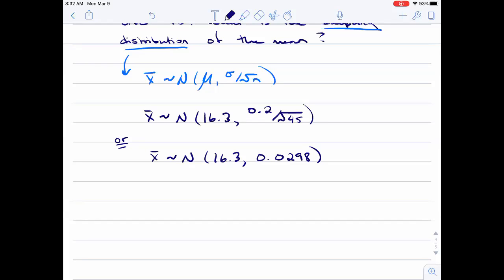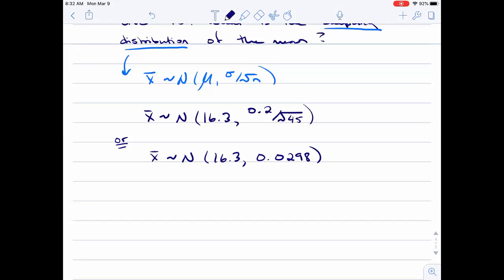Our spread for individual observations was 0.2, but once we take into account that we've taken a sample of size 45, how stable do we expect these means to be? How tight around our population mean? Pretty tight, 0.0298.